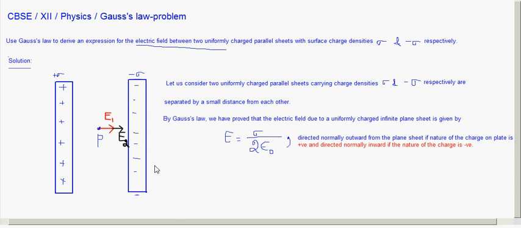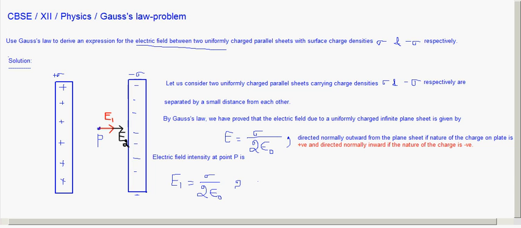Therefore we can write the electric field intensity at point P. E1 is equal to sigma by 2 epsilon naught due to the positive plate.